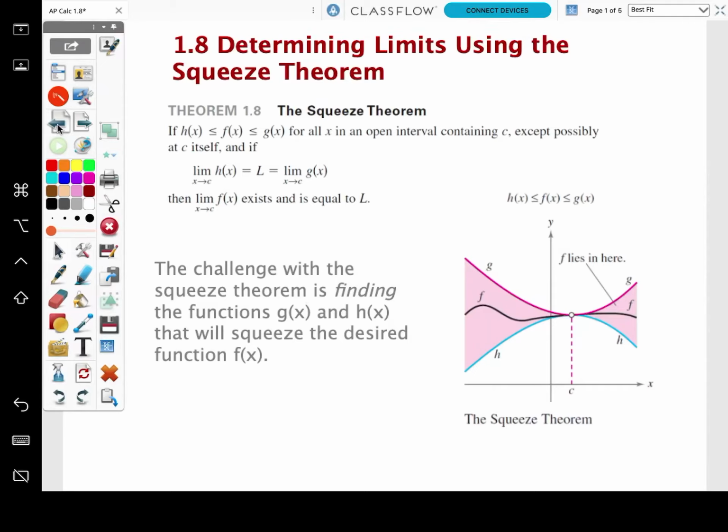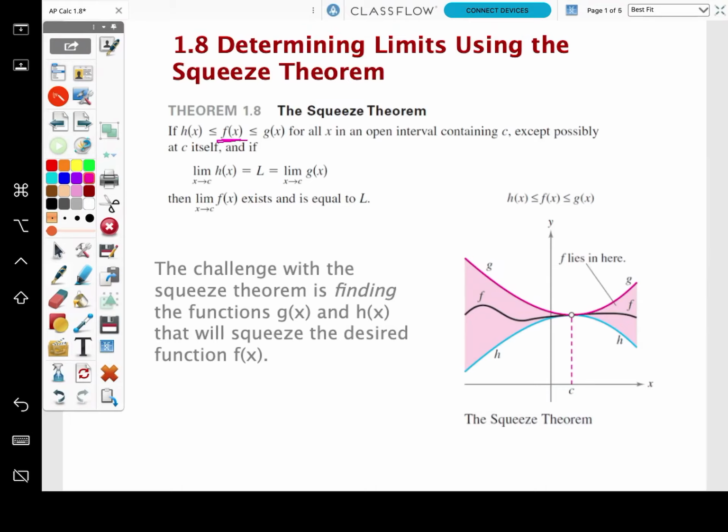We're going to be talking about this thing that's called the squeeze theorem, okay? And the official mathematical terminology for the squeeze theorem is here in Theorem 1.8, and it's talking about three different functions. One of our functions, called f of x, is completely between h and g.